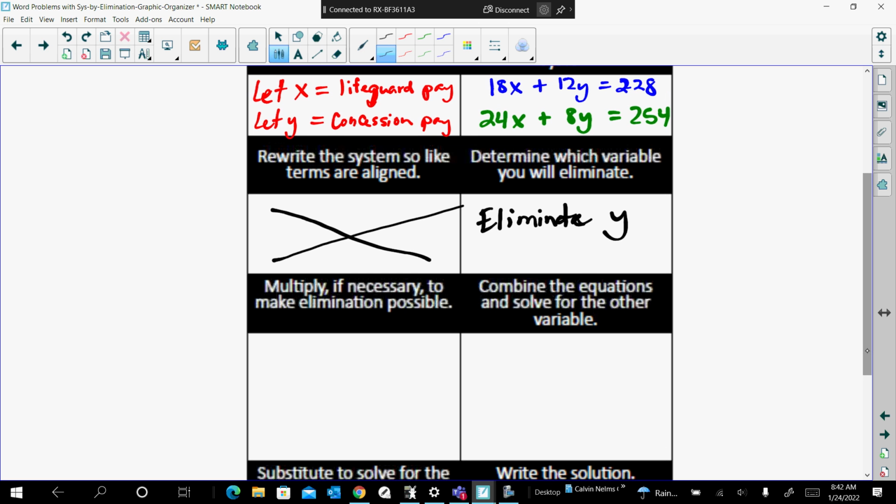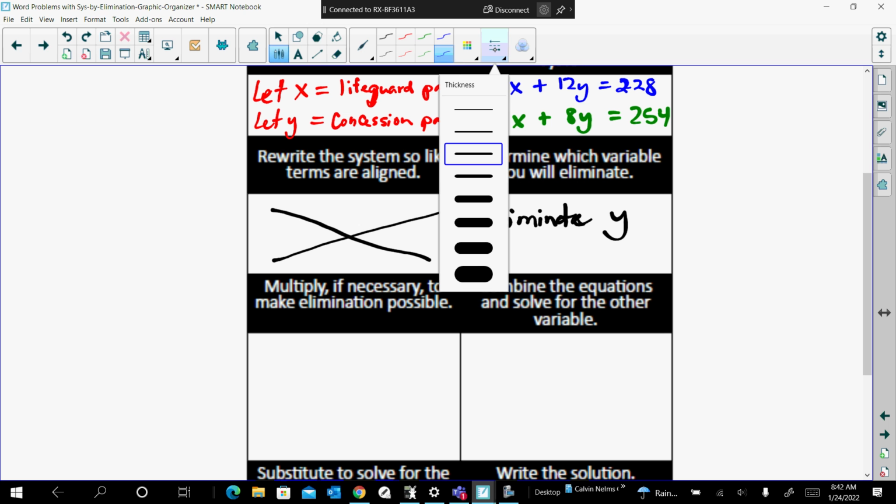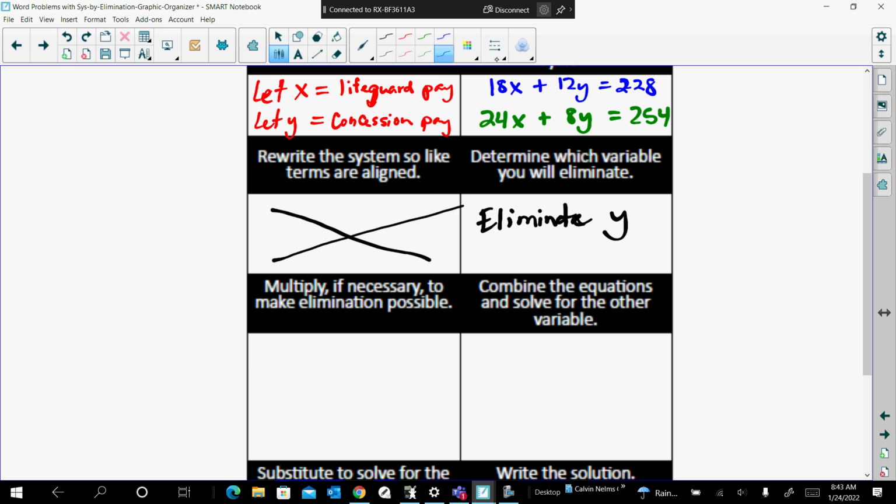Okay. What multiple do they have in common? 24. Yeah. 24, right? So the top one can be multiplied by 2. And the bottom one by 3. And the bottom one.